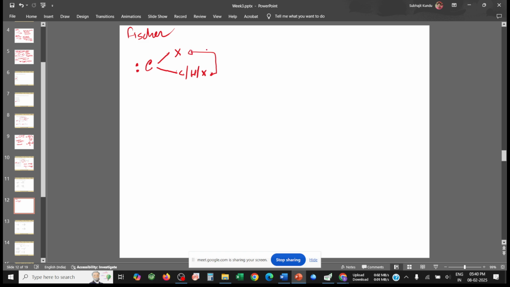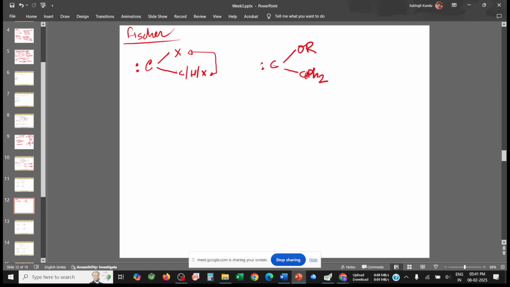So now let's say it is called the Fischer type carbene, and we have a heteroatom, let's say OR, and here we have CHPh2.